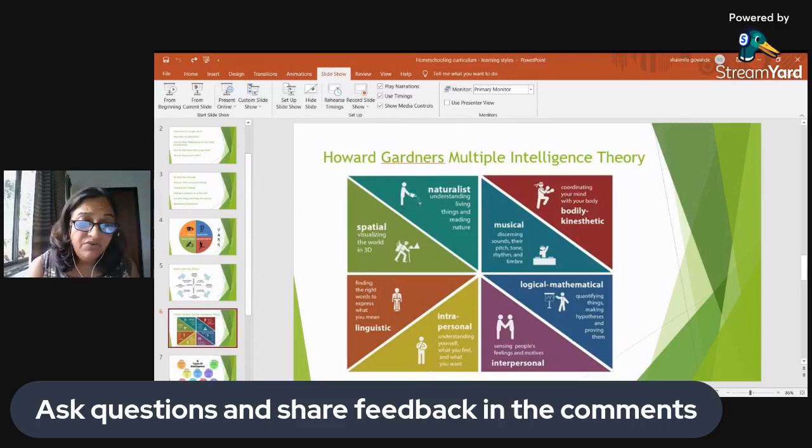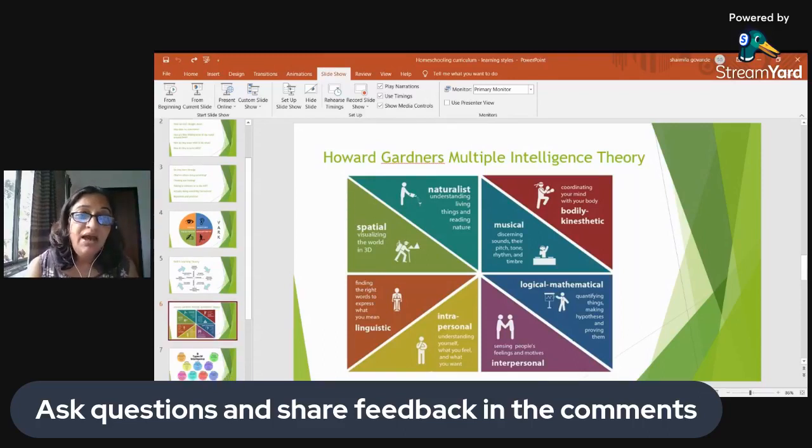Now, what Howard Gardner also says is that all of us have these intelligences within ourselves. It's not that, if you're a naturalist learner, you're not going to have the mathematical learning ability, or if you are an intrapersonal learner, you're never going to have good interpersonal relationships, or if you are linguistic, you will not be a spatial or a musical learner.